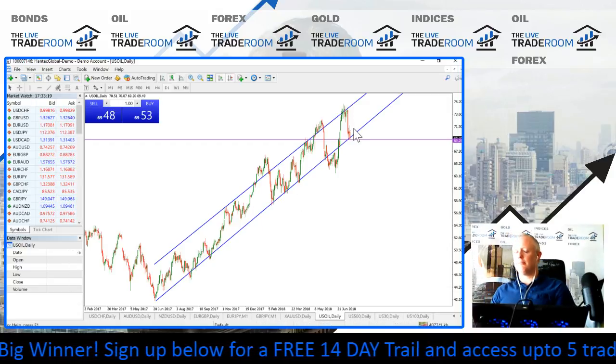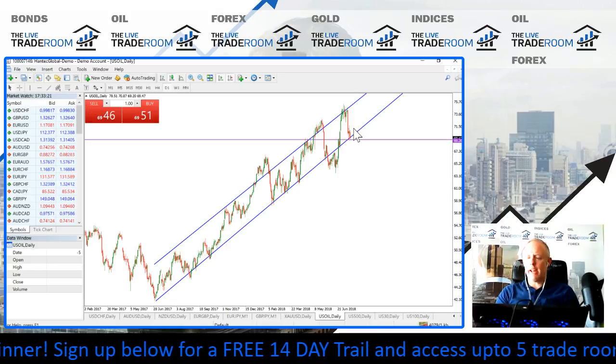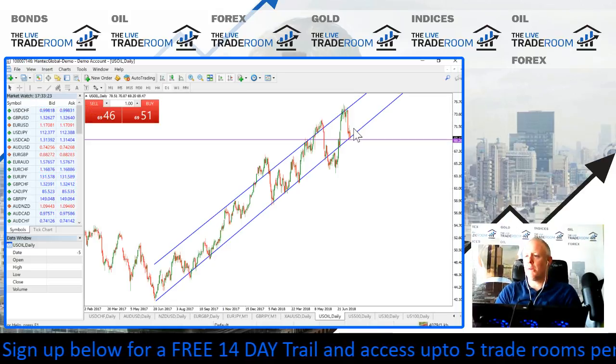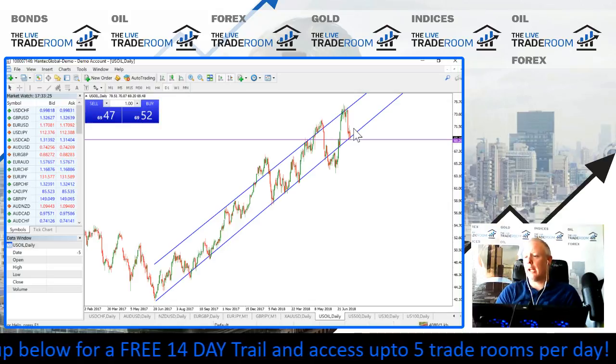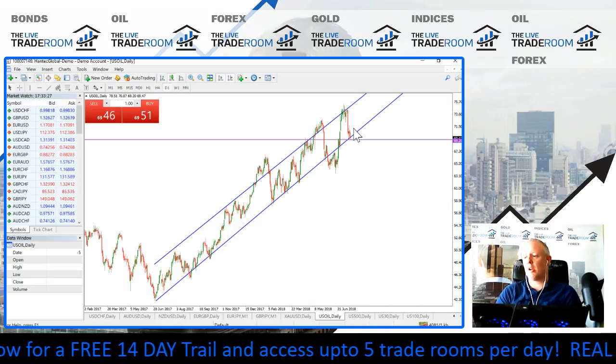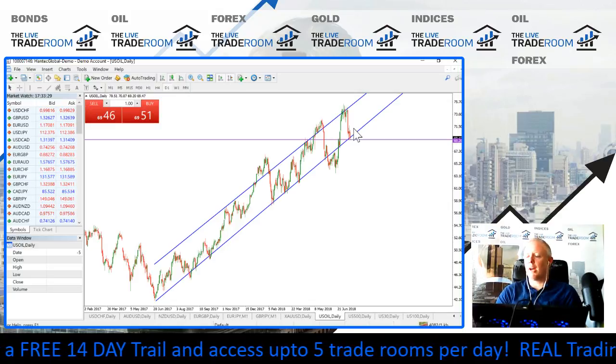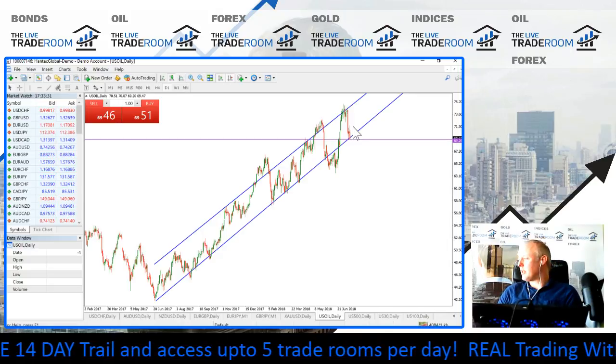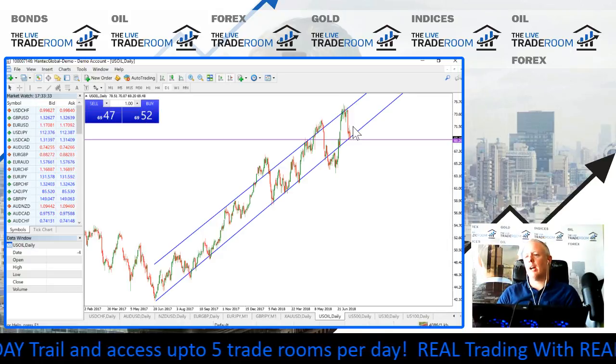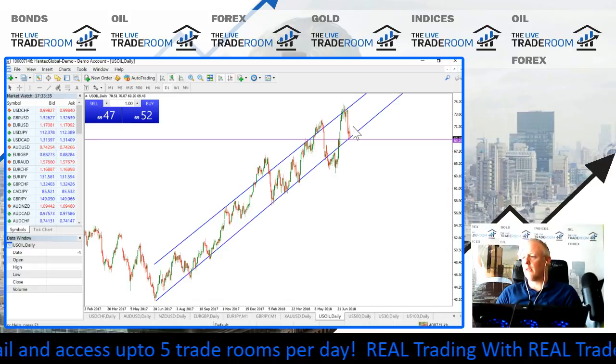Now, I suppose the irony of that particular move is that it was fundamentally driven with OPEC looking to restrict the supply of oil and causing these prices to push to the upside. Now, there's a global glut when it comes to stockpiles of oil.